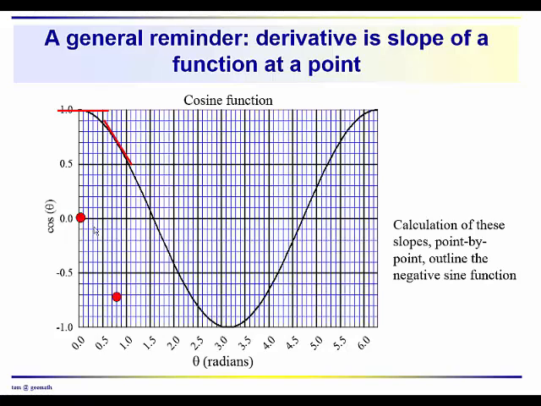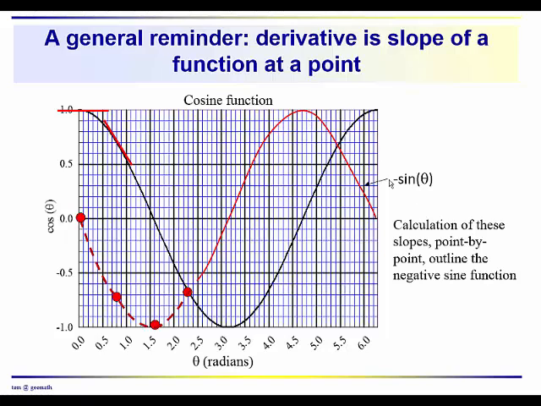So we're calculating slopes point by point, and we saw in this case that the derivative of the cosine, the slopes of the cosine function, are equal to the negative of the sine. That was a fairly straightforward relationship, one easy to remember.